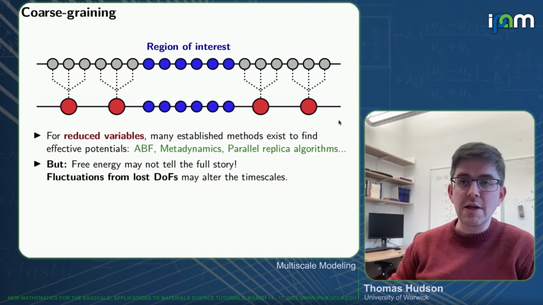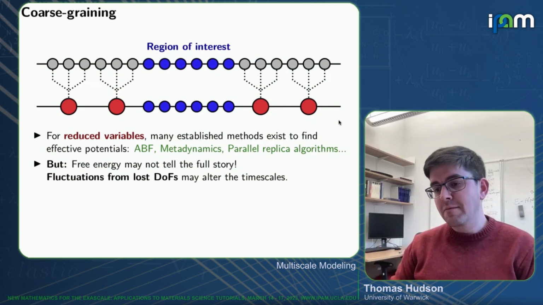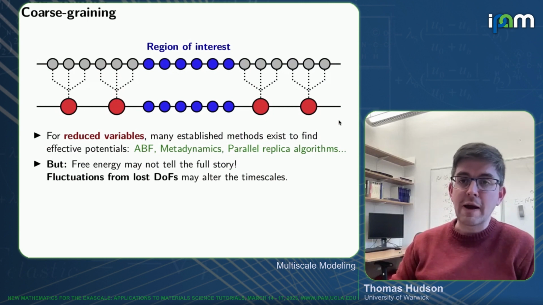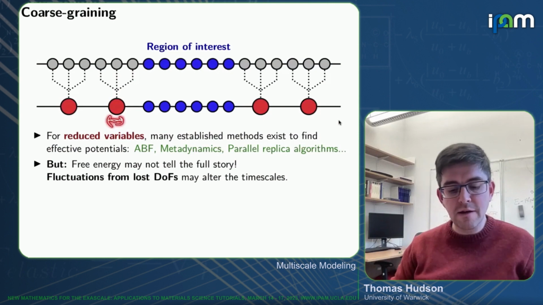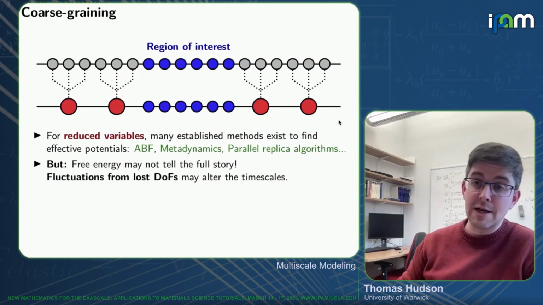I can store energy in those degrees of freedom, and that energy will fluctuate if I'm doing a dynamical simulation. And while on average I will get the free energy out, the nature of those fluctuations will change how this red bead reacts in a dynamical way.